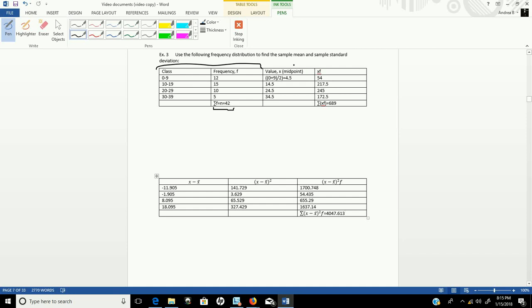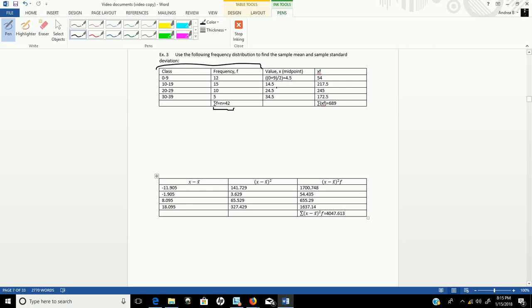And then here in this next column we have the midpoint. Remember, to find the midpoint, you do your lower class limit plus the upper class limit, add those together first, and then divide by 2. It's like finding the average of that interval, is another way of thinking of it. So we get 4.5 for the first midpoint.